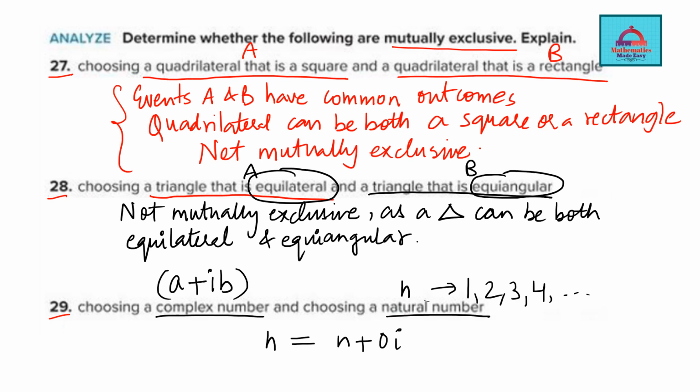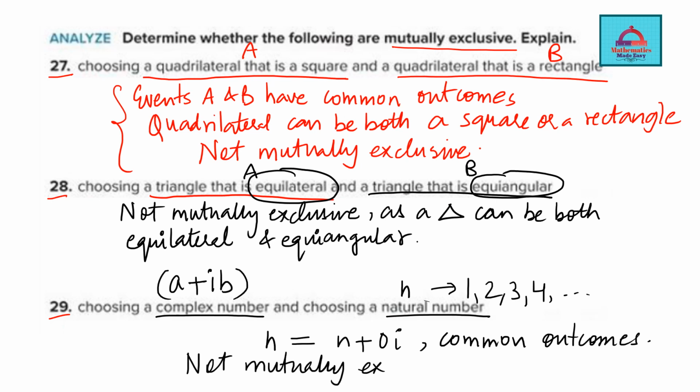So because every natural number can be written as a complex number, again they have common outcomes. And because they have common outcomes, they cannot be mutually exclusive. So for question 29 also, the answer is not mutually exclusive. So I hope you've understood questions 27 to 29, which are based on mutually exclusive events.